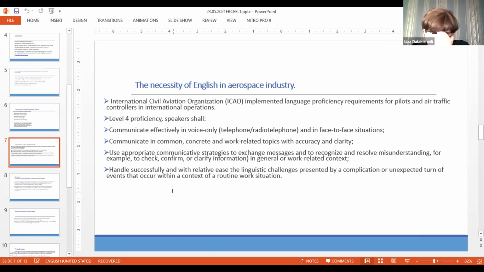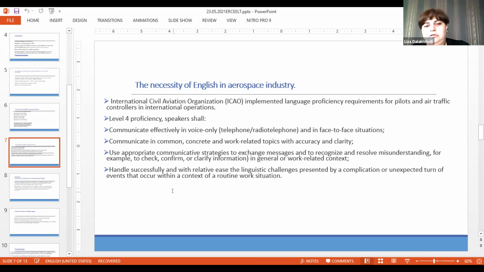Another important task is to handle successfully the linguistic challenges presented by a complication, as well as emergency situations, when the standard phraseology cannot handle the situation, or a stressful situation, or other kinds of difficulties, and to make clear what the main cause of the emergency is.